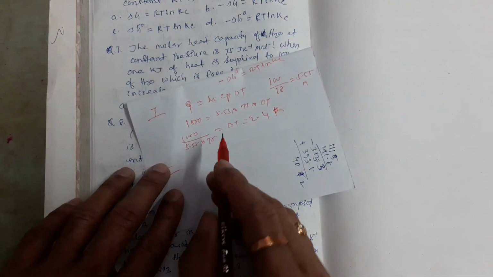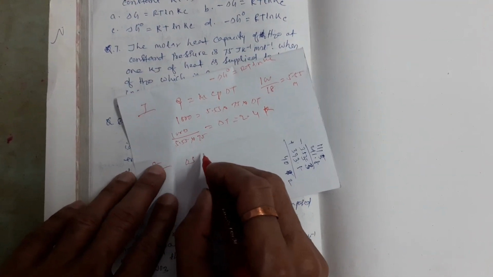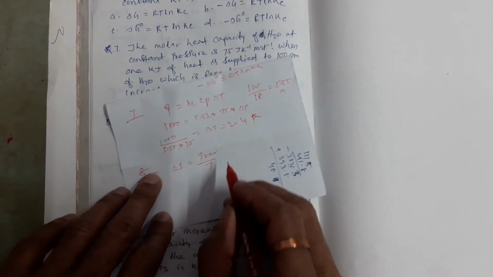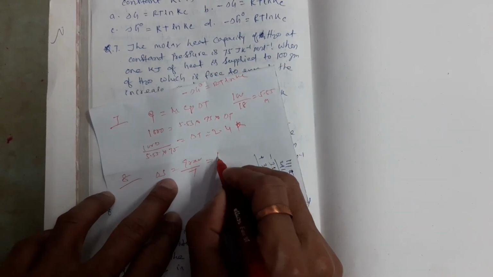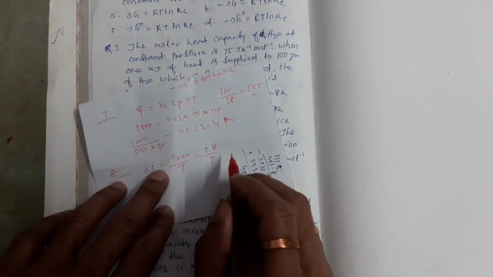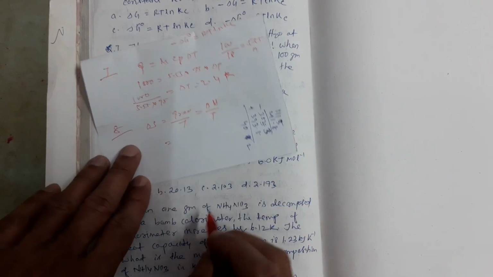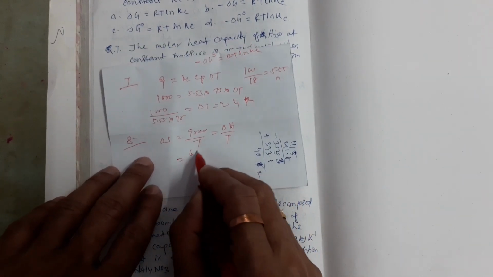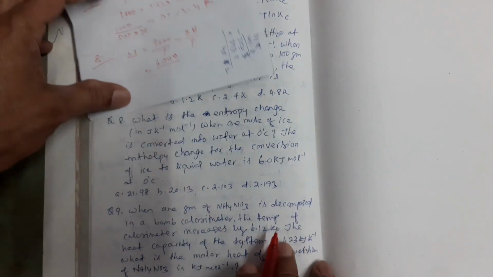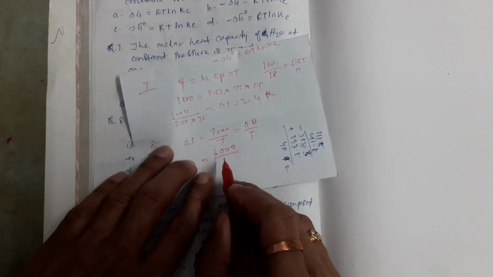We know entropy ΔS is equal to Q reversible by T. Q reversible is also the enthalpy change, so ΔS is ΔH by T. ΔH is given as 6 kilojoule, that means 6000 joule.